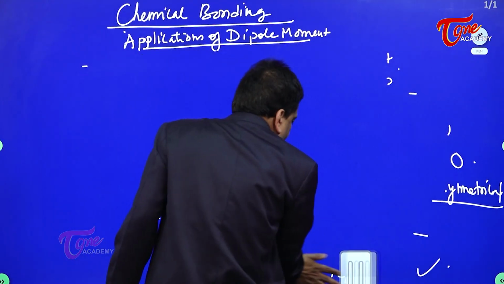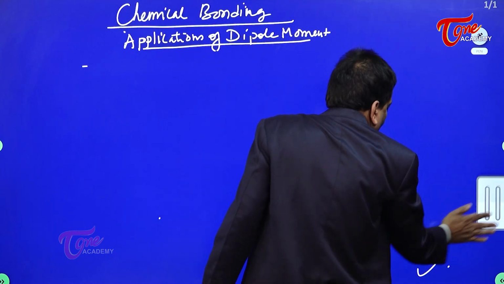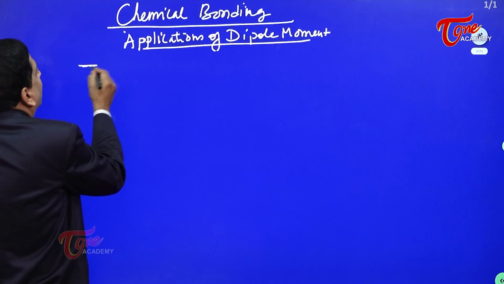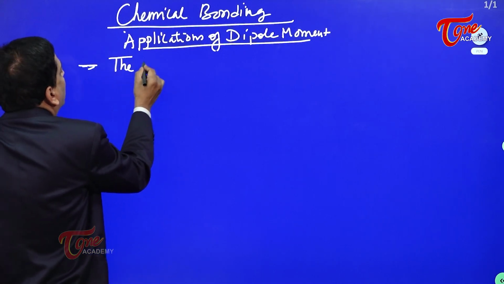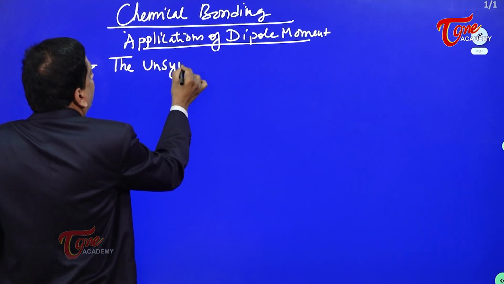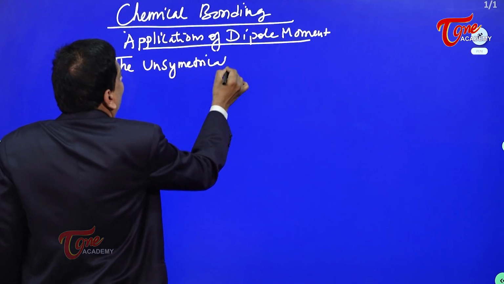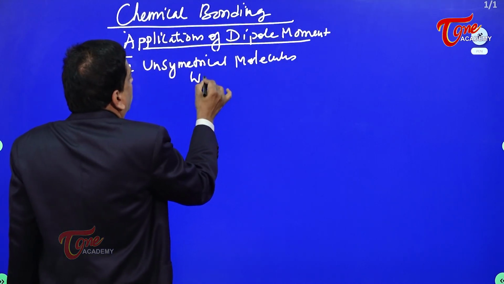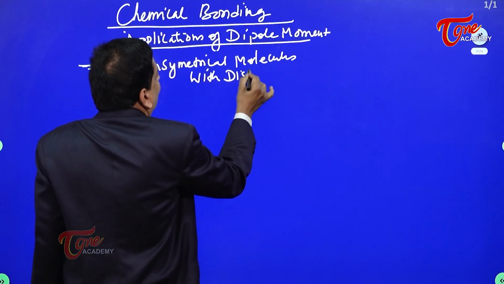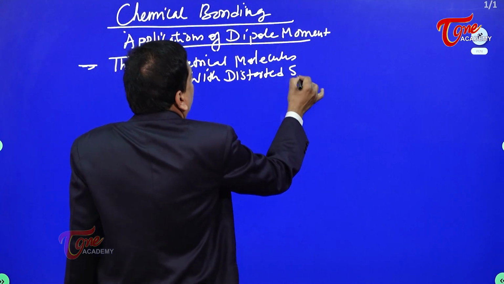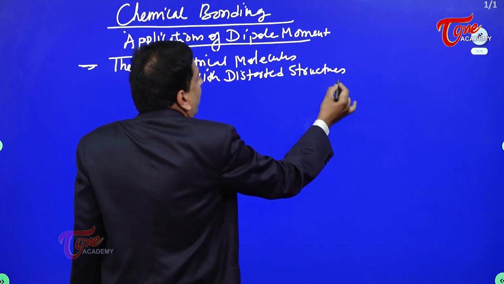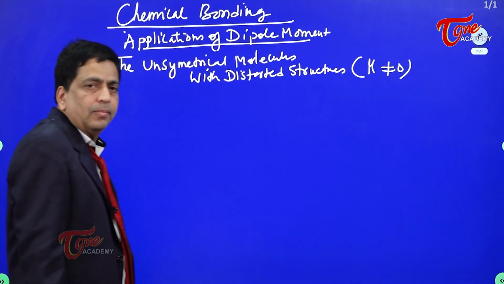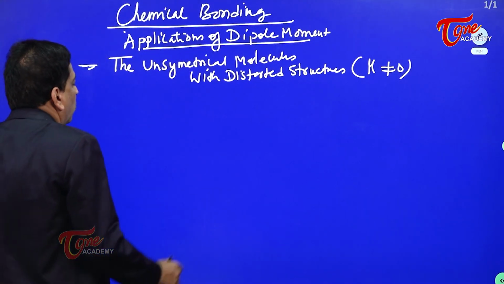Let's take these examples: the unsymmetrical molecules with distorted structures, where the dipole moment is not equal to 0. Well, I give some examples. Watch carefully here.